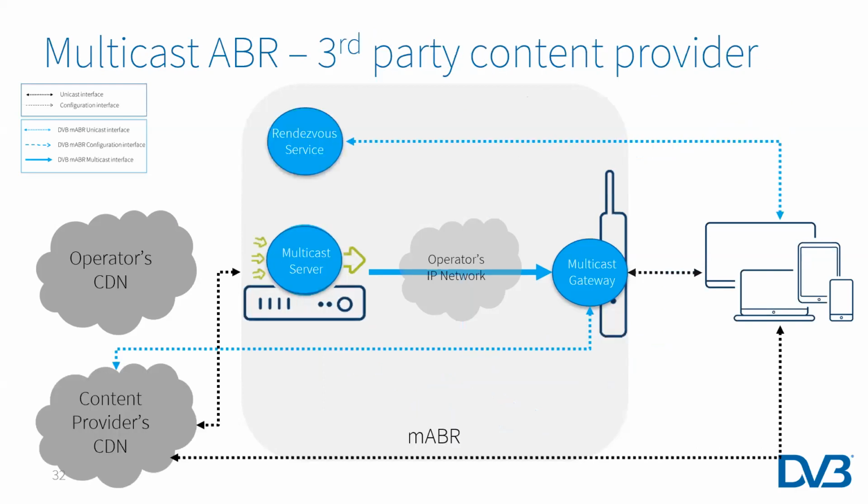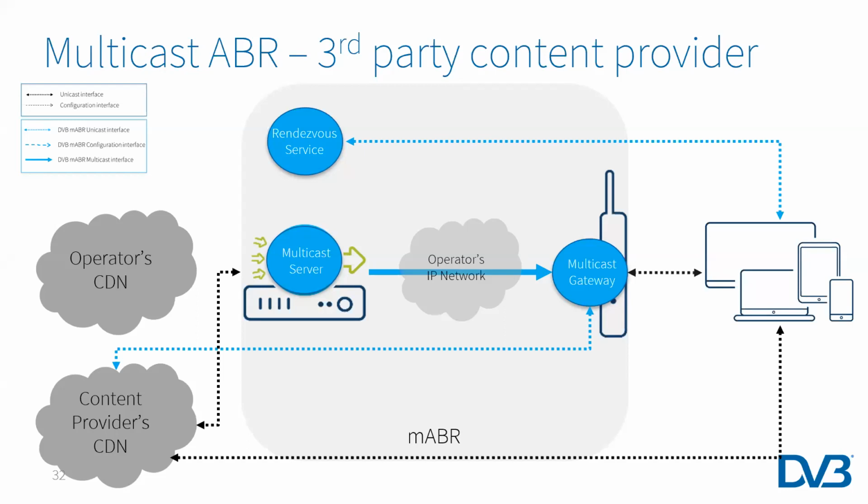Okay, the last case I wanted to share with you is the third-party content provider. We made this specification to enable the case where a content provider has no network capacity and no possibility to reach the end user terminal through a multicast service. We enable the possibility for this content provider to interconnect with the operator CDN, with the ISP, with the telecom operator.